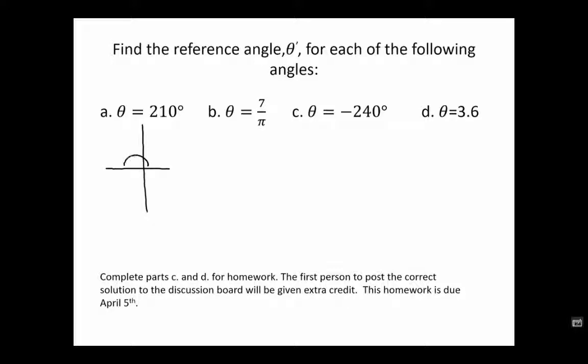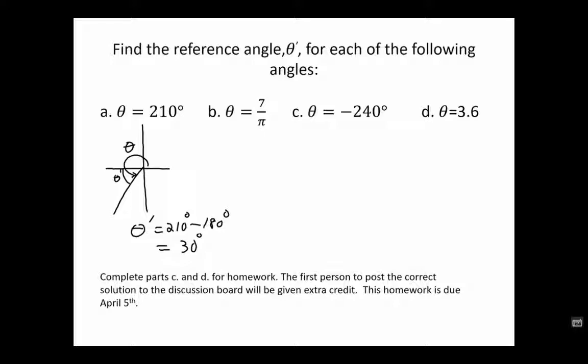So here is theta, which is 210 degrees, and this would be theta prime, the reference angle. Since it is in the third quadrant, to find theta prime, this is going to be 210 degrees minus 180 degrees, which is 30 degrees. So the reference angle for an angle that measures 210 degrees is 30 degrees.